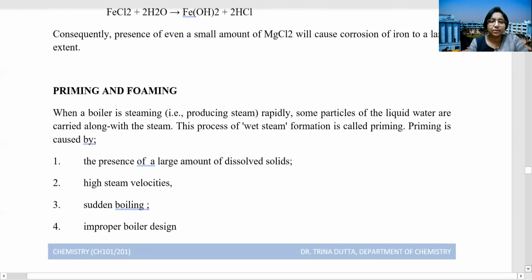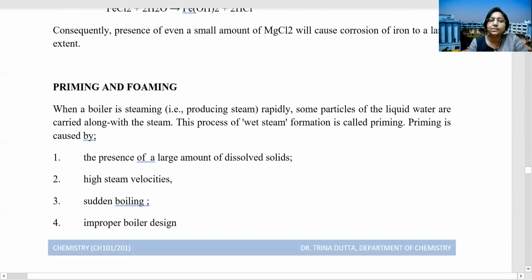Priming and foaming. When the boiler is steaming rapidly, some particles of liquid water are carried along with the steam. This process of wet steam formation is called priming.